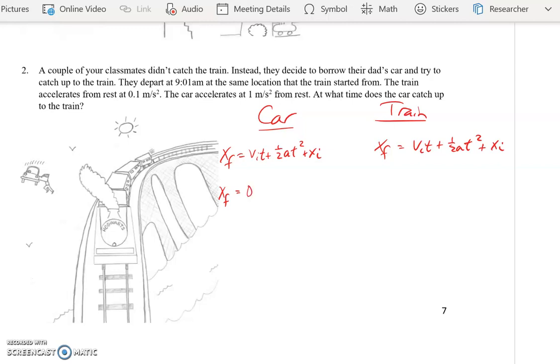Initial velocity starts from rest, so 1/2 times 1. The car's going to start 8 minutes later, so 8 times 60 is 480 seconds later. So t minus 480 squared plus 0. Train starts from rest, 1/2 times 0.1 t squared.